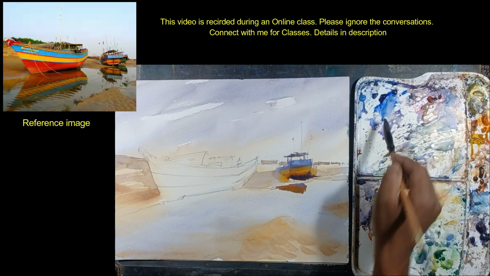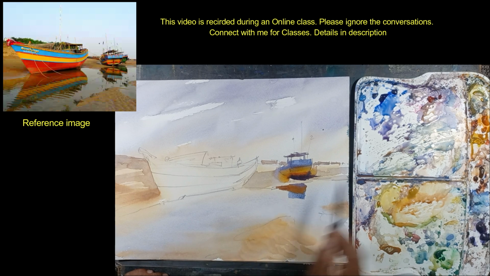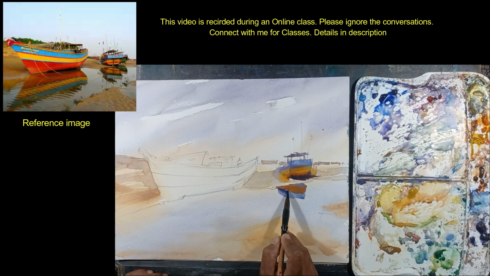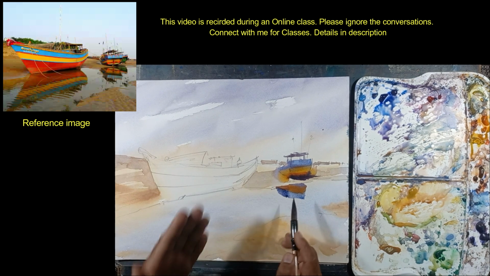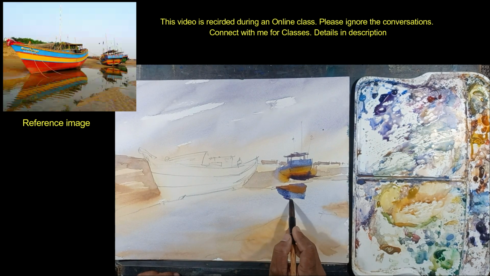Then you use a little bit of light blue color for this reflection, and blue and crimson color for this particular phase of the boat. A little bit of blue and crimson mixture for the roof of the boat, like that.